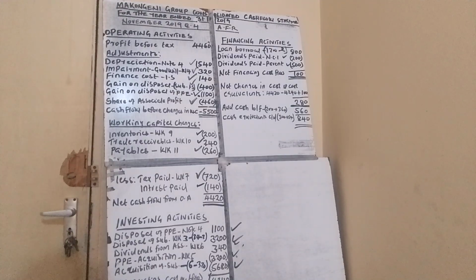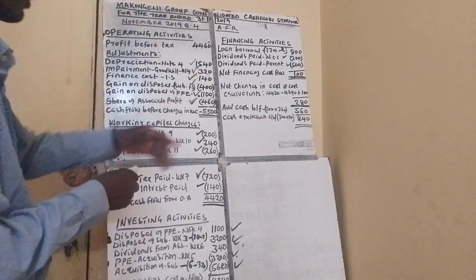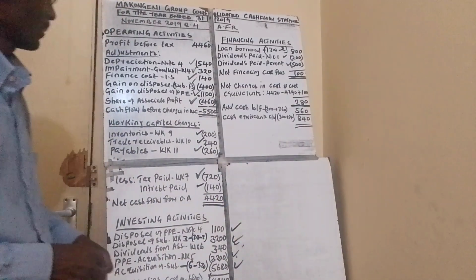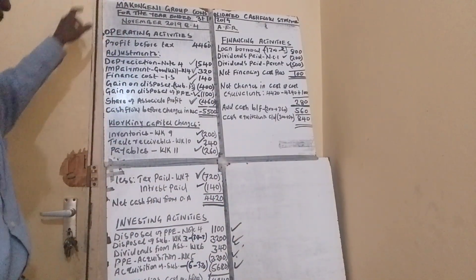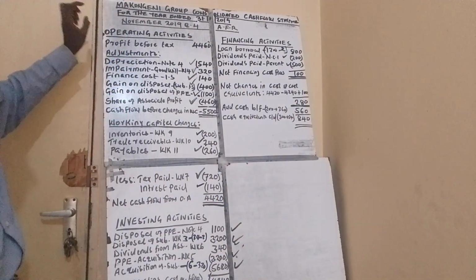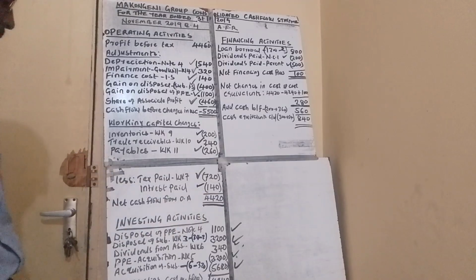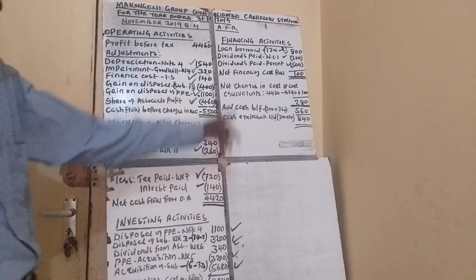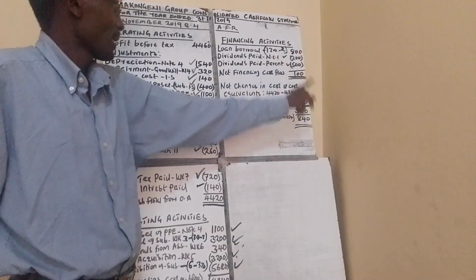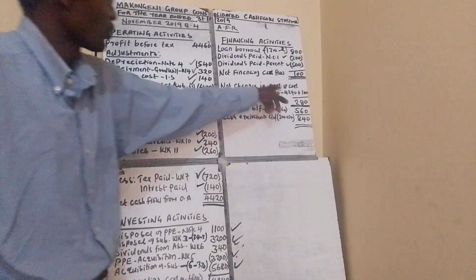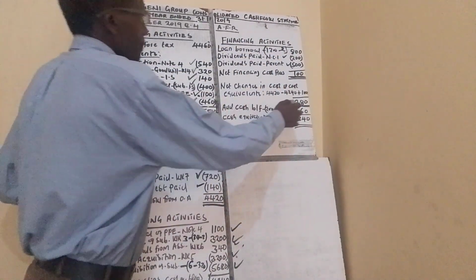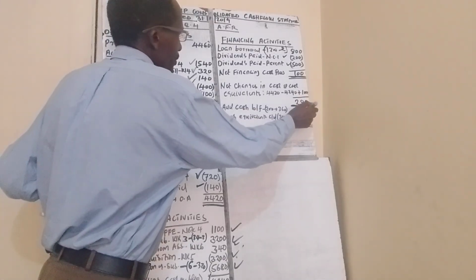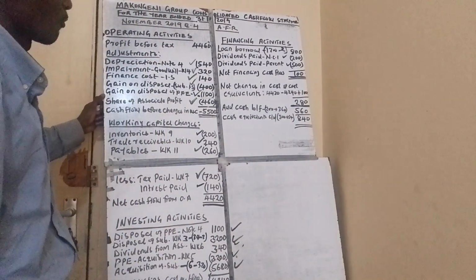So what you're doing is finalizing your question here. You have taken cash inflow from operating activities of 4420. Investing was a minus 4240. Financing was a plus 100. You sum them together, you get 280. 280 plus 560, you get 840.